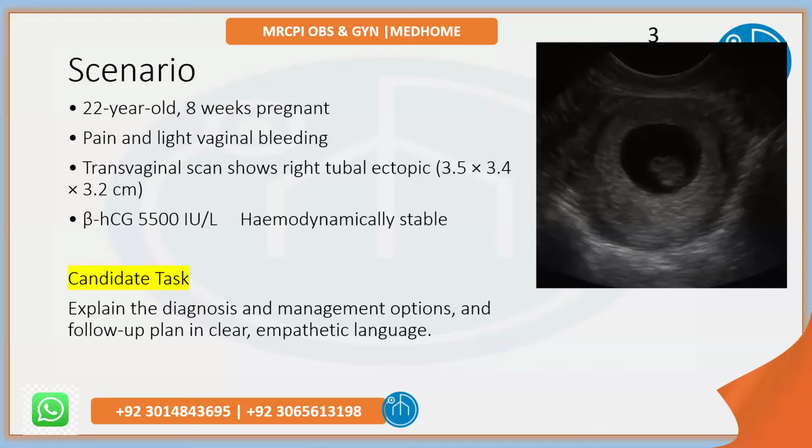Okay. All right. So Linda, I understand you were 8 weeks pregnant and you came with pain and light vaginal bleeding, is that correct? Yes, doctor. Okay. How are you feeling now? Is there a lot of bleeding now? What about the pain? Doctor, I have mild pain and the bleeding is minimal, spot only.